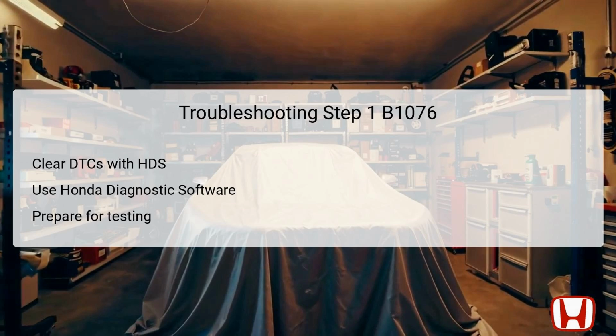Once the DTCs have been cleared, it's essential to reset the ignition switch to the off position and then back to the on position. This process prepares the vehicle's systems for a fresh diagnostic evaluation. It is crucial to perform these preliminary steps correctly, as they set the baseline conditions for subsequent troubleshooting, ensuring misleading or transient codes do not affect diagnosis.